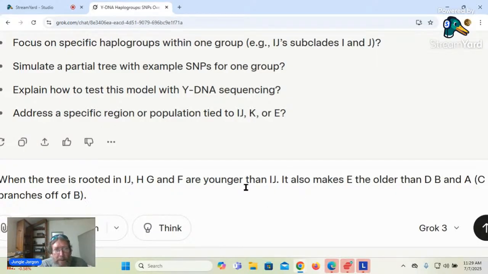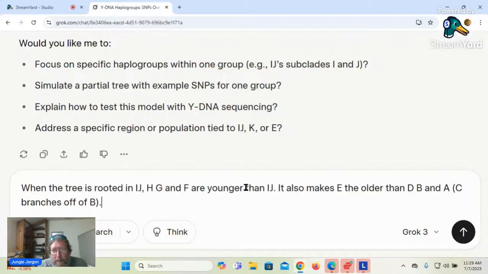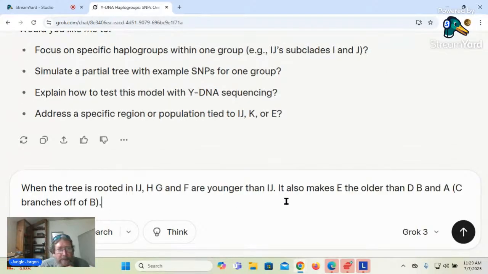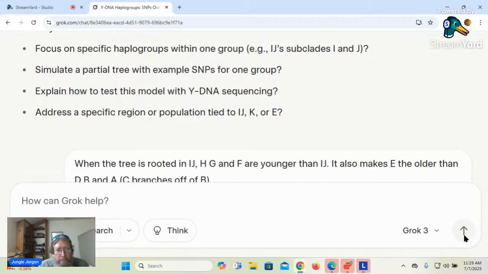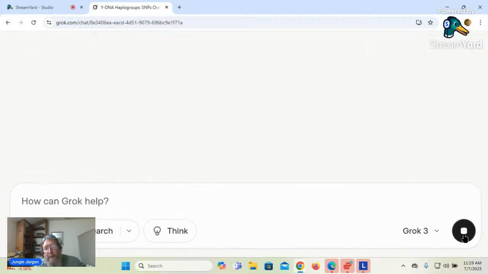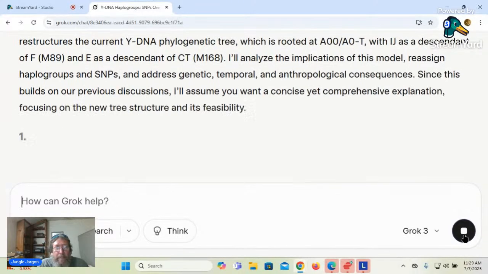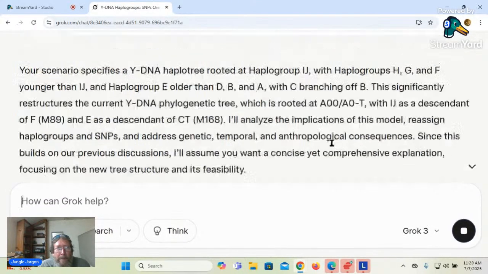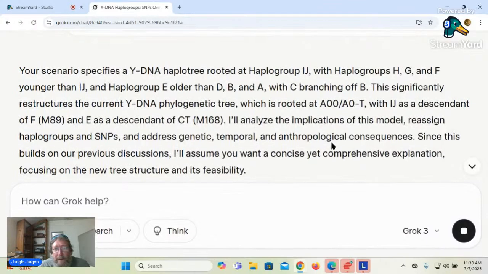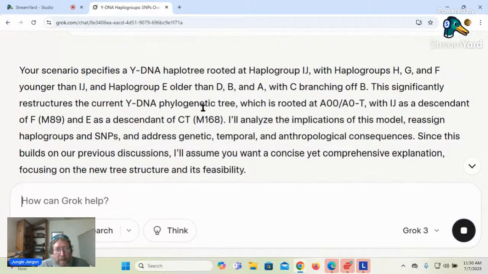Let me close this up a bit. There we go. All right, see what Grok says here, because I don't think he understood what it means to be rooted in IJ. Okay, see what your scenario, IJ, significantly restructures. That's what happens when you root it in IJ.